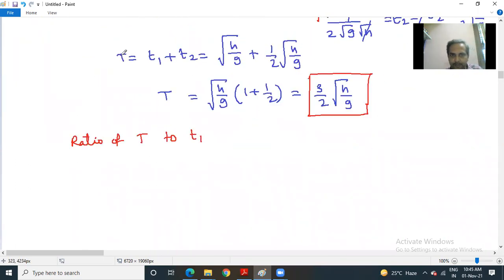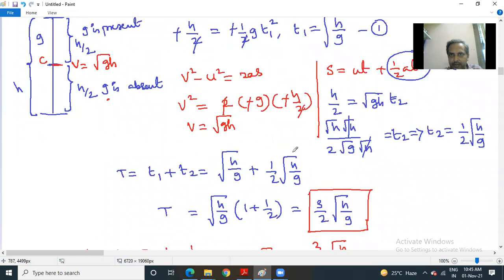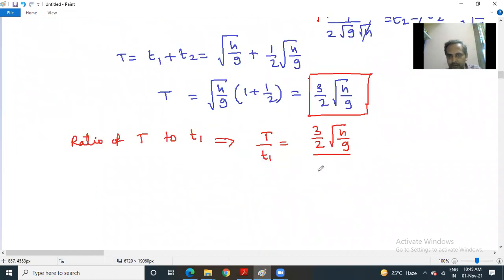So T by t1: T is 3 by 2 under root h by g, and t1 is under root h by g. You can cancel these, so it will be 3 by 2.